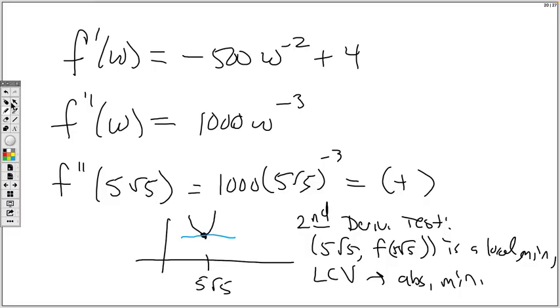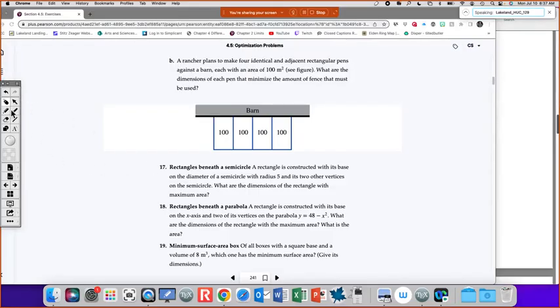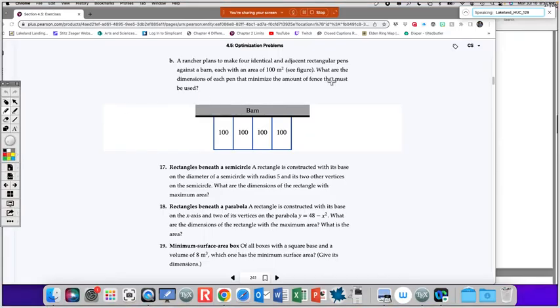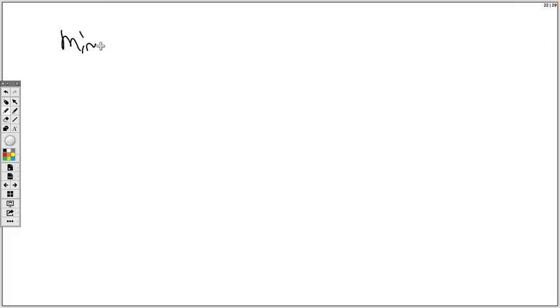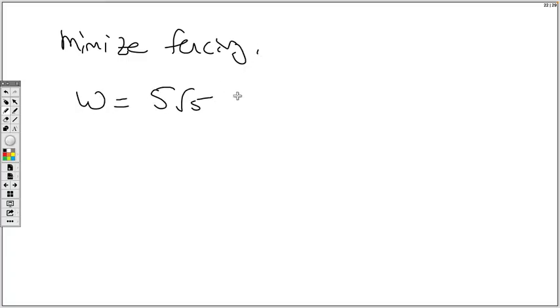So I go back and look at what they want. What are the dimensions of each pen that minimize the amount of fence used? So once again, they don't care what the minimum amount of fence is. They want to know what the dimensions will be. Okay, so to minimize fencing, we found our width to be 5 root 5 meters.